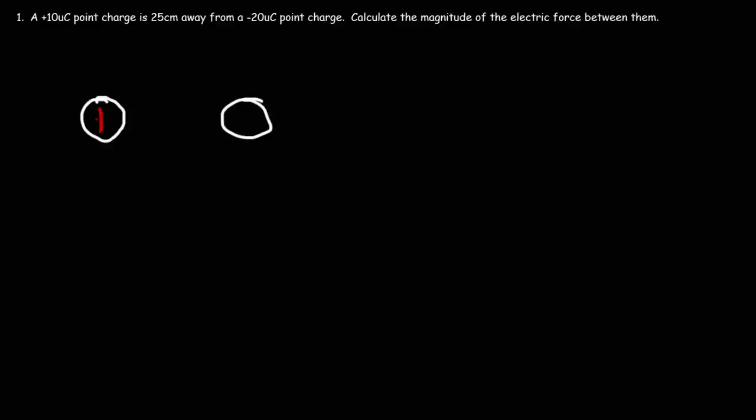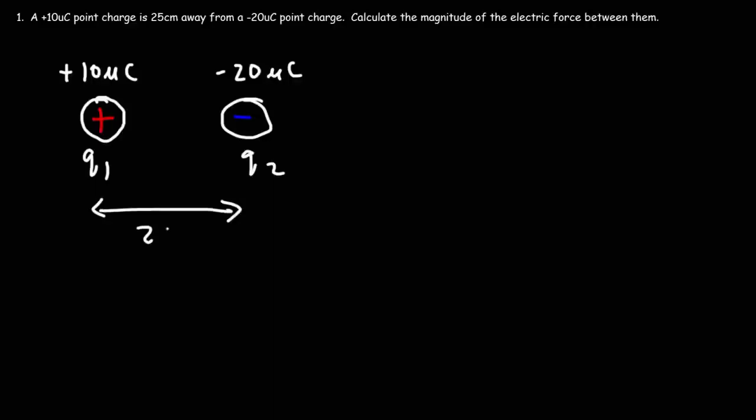One is positive, the other is negative. We'll call this Q1 and Q2. So Q1 has a magnitude of positive 10 microcoulombs. Q2 has a magnitude of negative 20 microcoulombs. And the distance between the two charges is 25 centimeters.